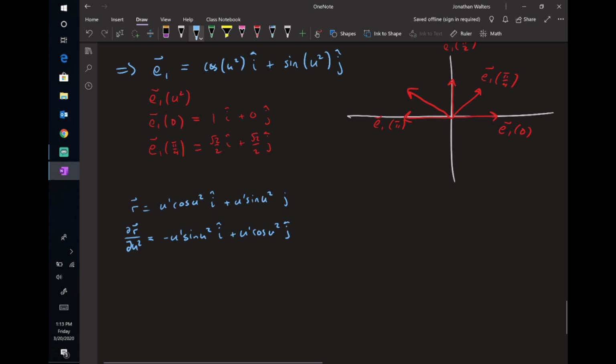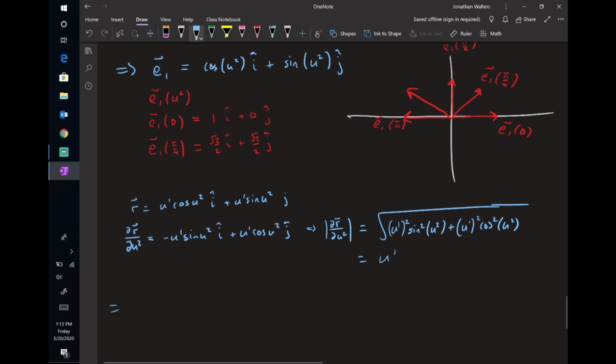And now what is the magnitude of that vector? The magnitude of partial r partial U2 is equal to the square root of U1 squared sine squared U2 plus U1 squared cosine squared U2. Well, that's just going to be the square root of U1 squared, which is U1.